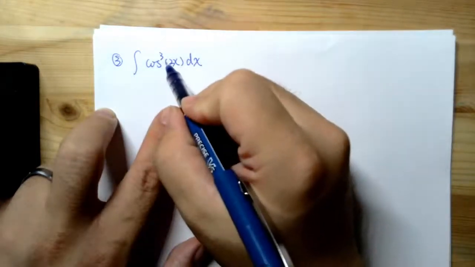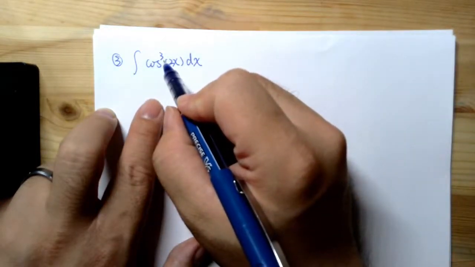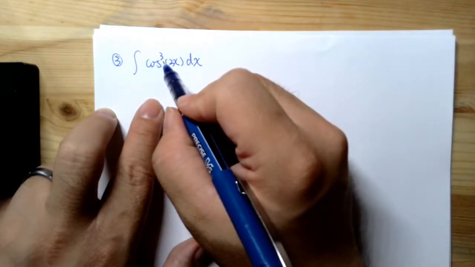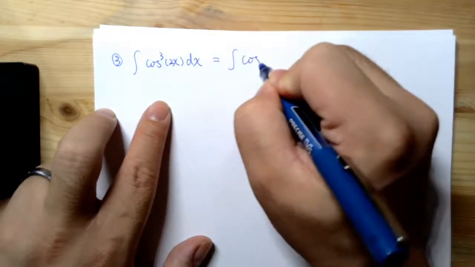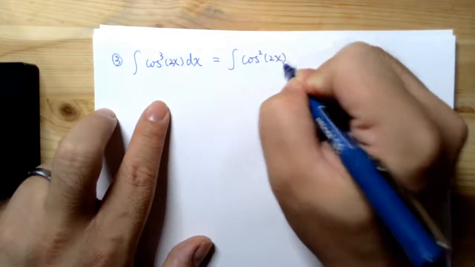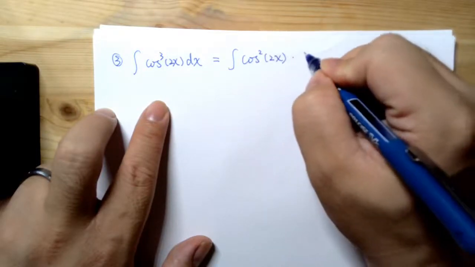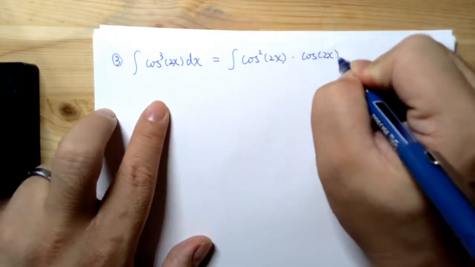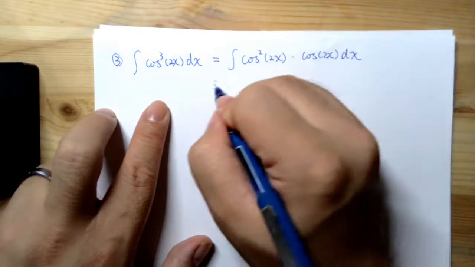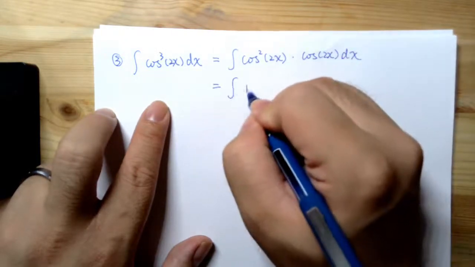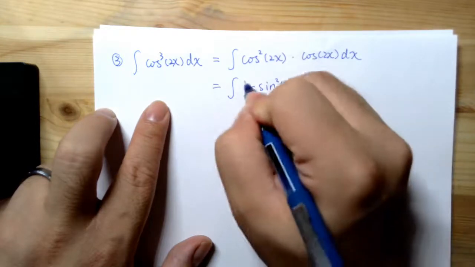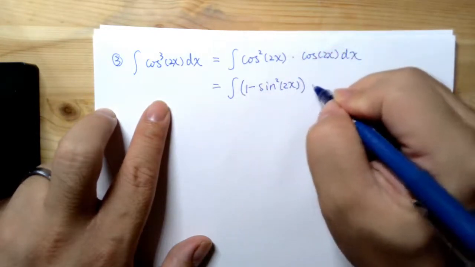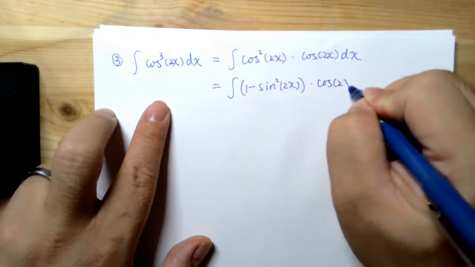Since here the power is 3 and it's an odd number, what we can do is write cosine squared 2x times cosine 2x dx. And then I can write 1 minus sine squared 2x times cosine 2x dx.